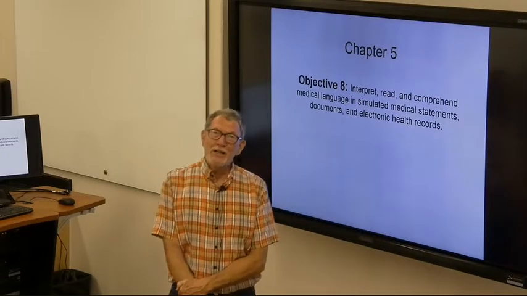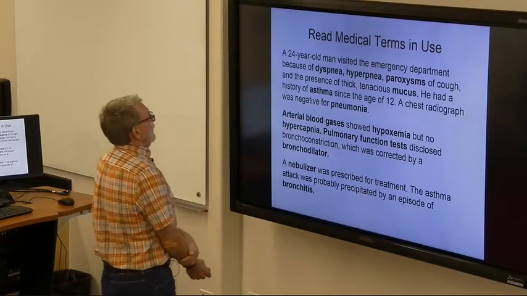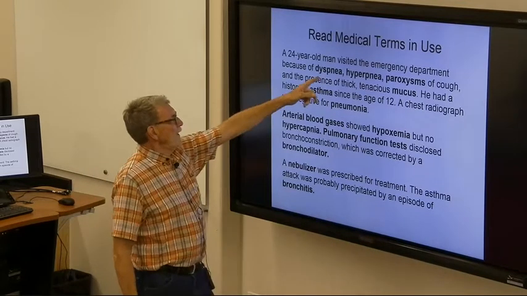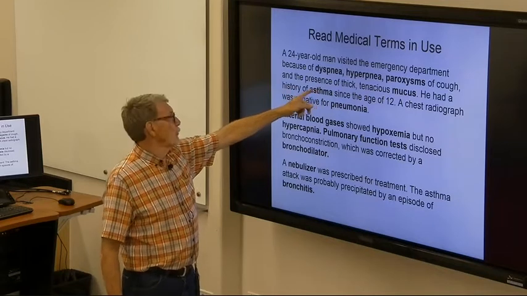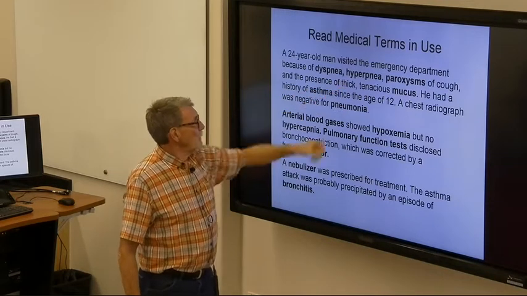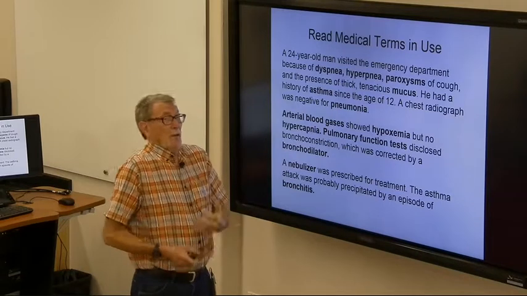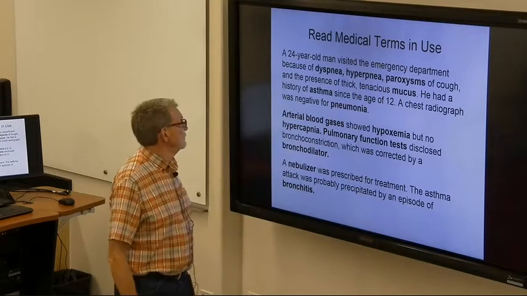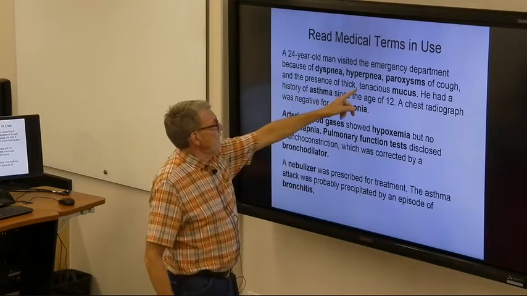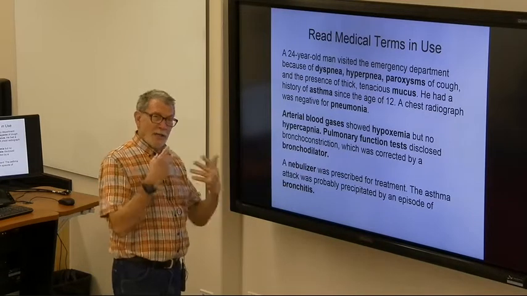Okay, let's look at somebody who actually went to a pulmonologist. A 24-year-old man visited the emergency department because of dyspnea, difficulty breathing, hyperpnea, breathing too fast, paroxysms of cough, and the presence of thick, tenacious mucus, hard to get out of his lungs.